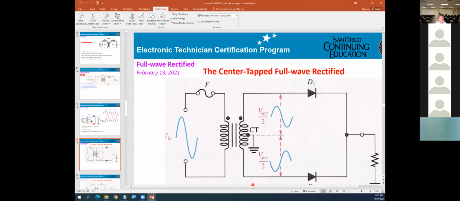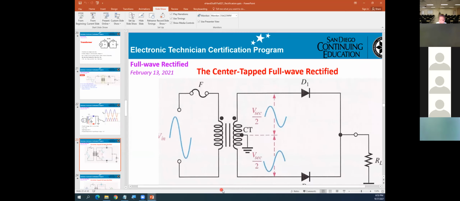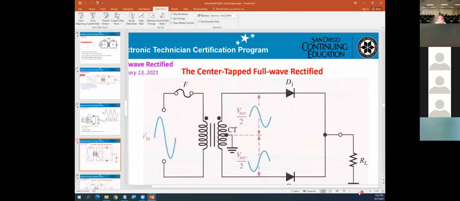Next time, we will go into a little more detail for you on this thing, and this one a little more detail. Same thing, full wave rectifier. Now you can get this the primary.